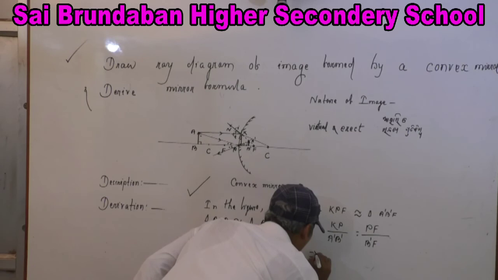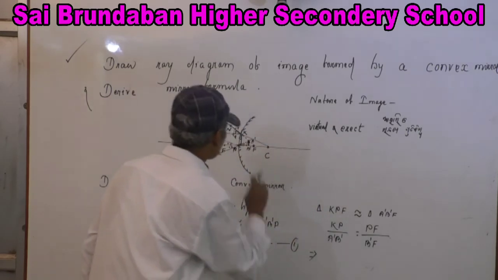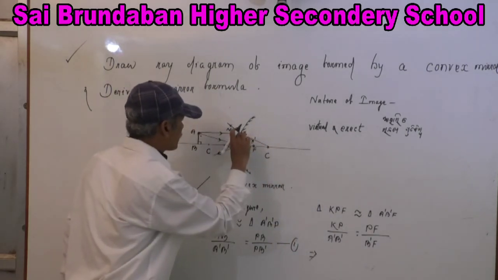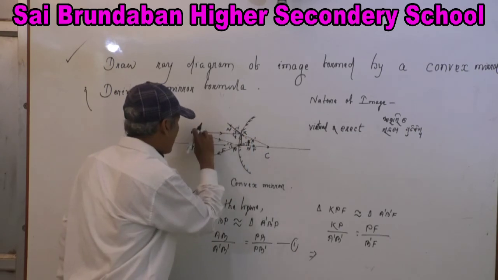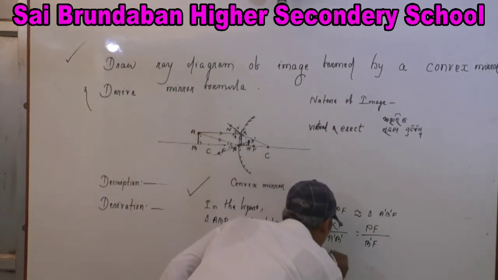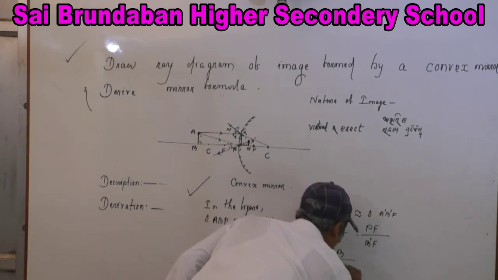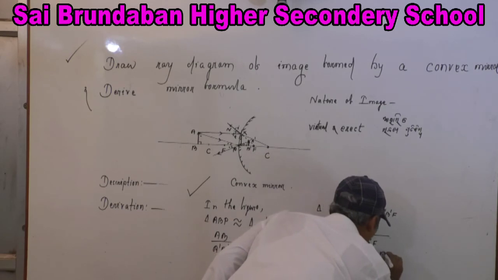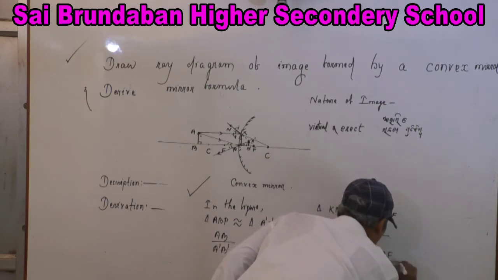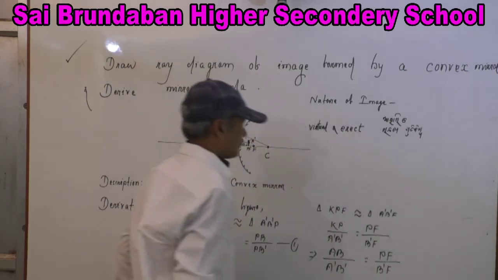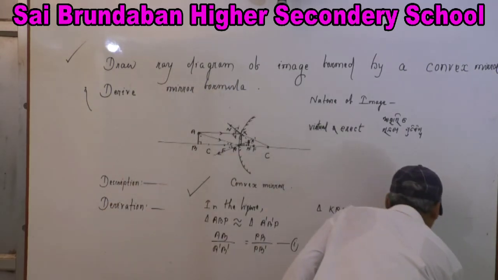This implies KP is the same as AB. So AB by A dash B dash is equal to PF by B dash F. This is equation II.